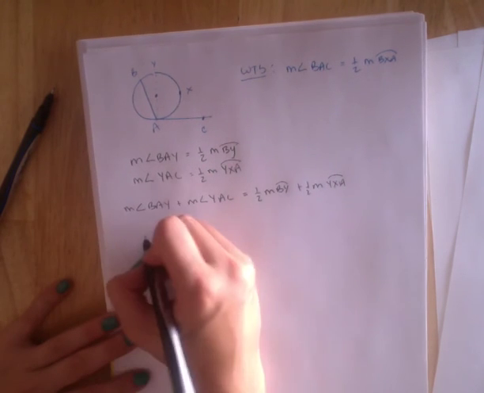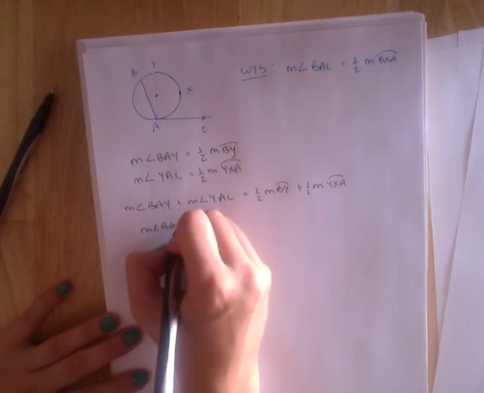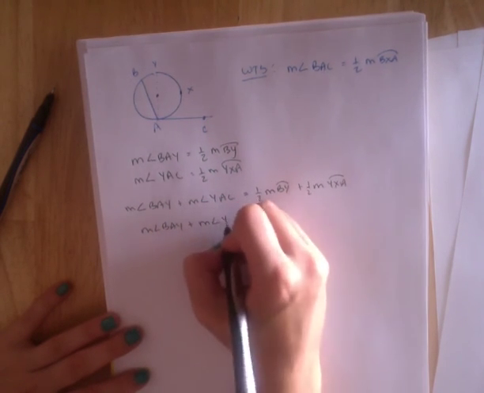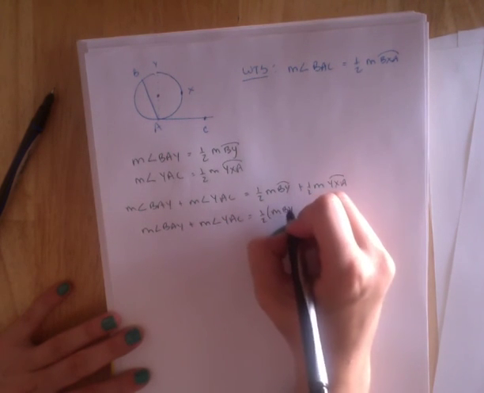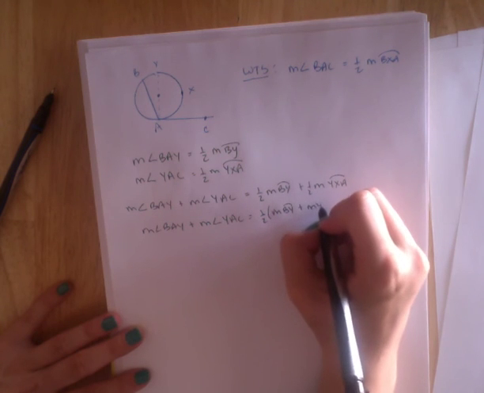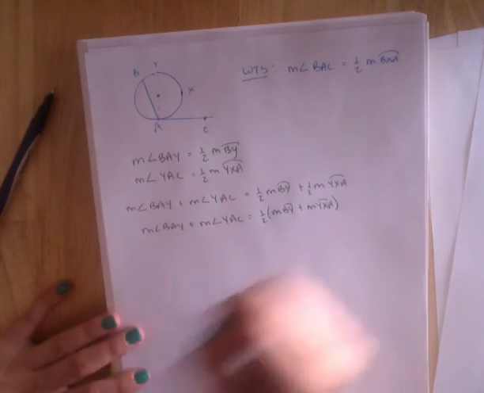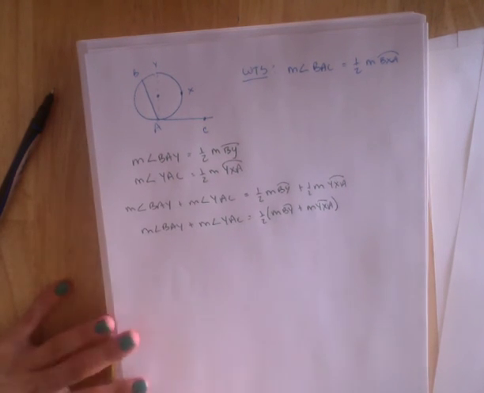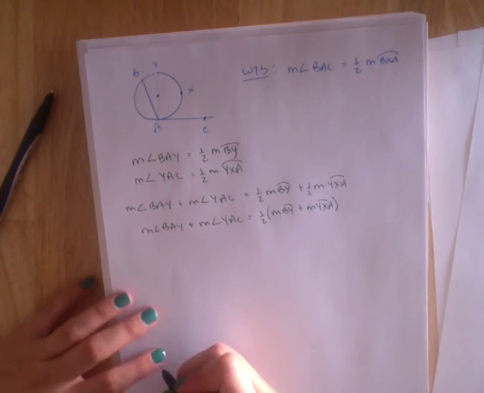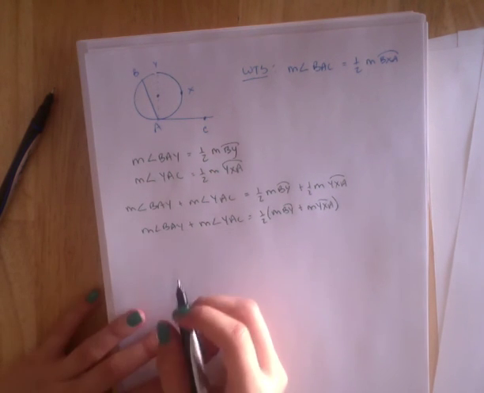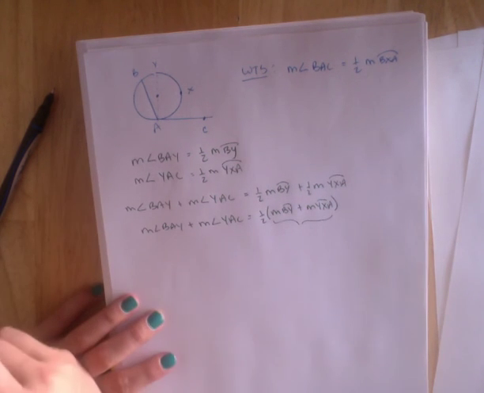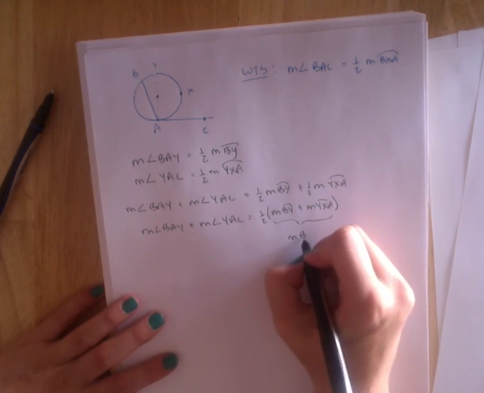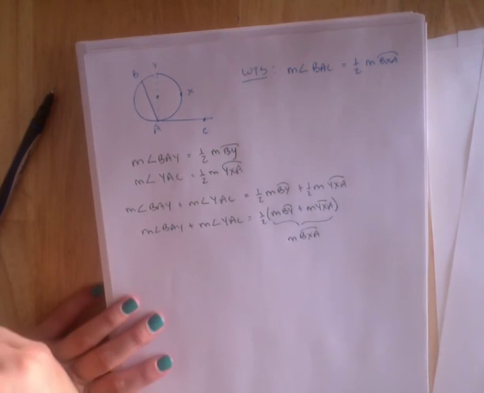Now, on this side, I can factor out a 1/2. So I have measure of angle BAY plus the measure of angle YAC is 1/2 times the measure of BY plus the measure of YXA. And I know that the measure of BY plus YXA, that's the measure of BXA.